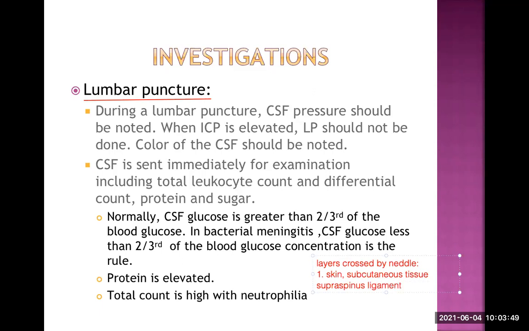This is number 3. Let's write number 2 here, because skin and subcutaneous tissue are written as first. Then the interspinous ligament, then we move on to the ligamentum flavum.